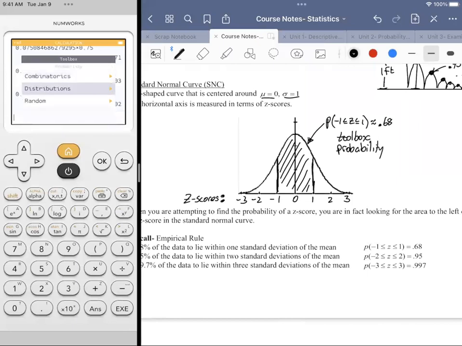Hit the right arrow and go to distributions. And then select normal. All right, toolbox, probability, distribution is normal. And what I want is norm CDF range.